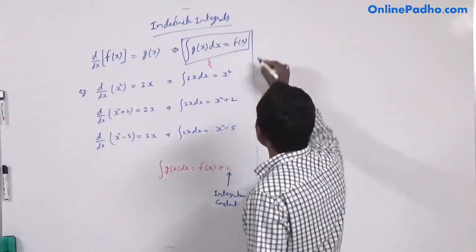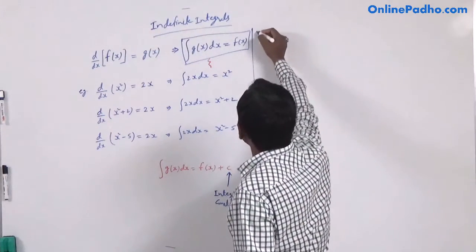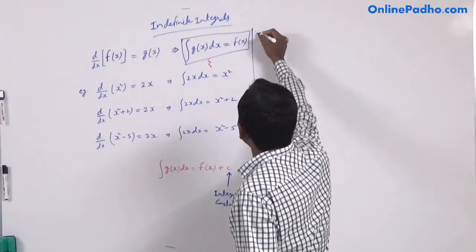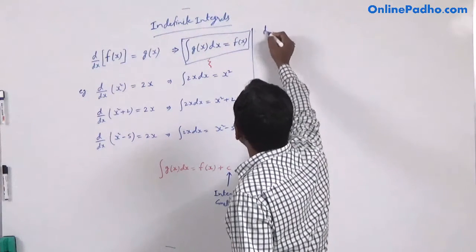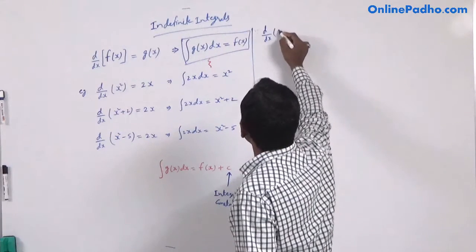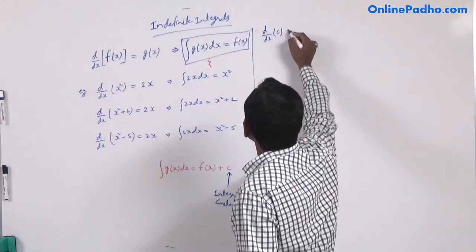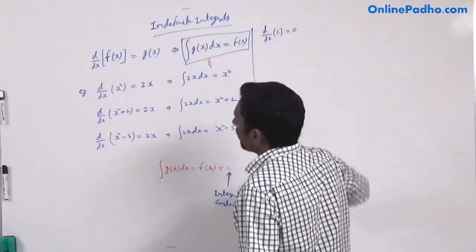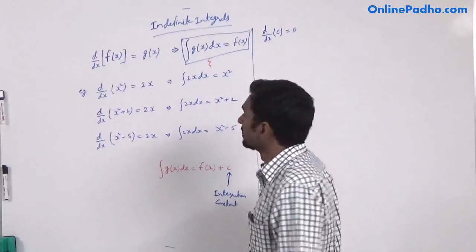Now we have some very important formulas for integration. If we differentiate any constant function, it becomes 0. So what is the integration of 0? That is a constant function.